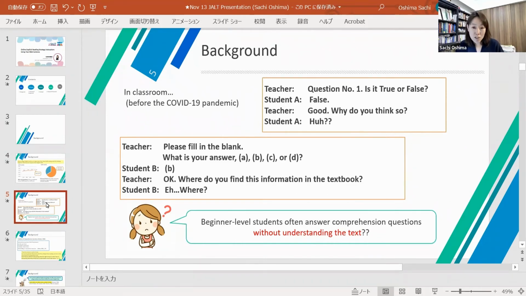What's your answer? A, B, C, or D? The student said B. Okay, where do you find this information in the textbook? Where? From these students' reactions, I wondered whether beginner-level students often answer comprehension questions without understanding the text.